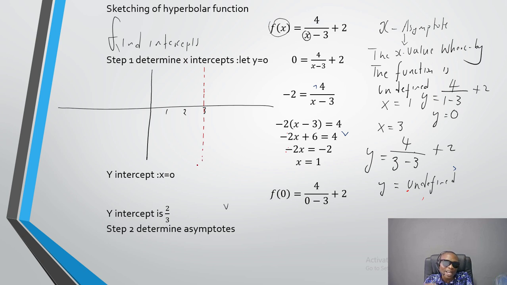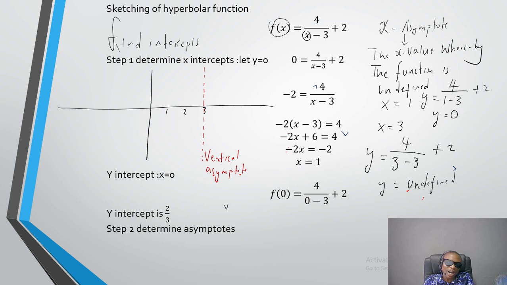You see that the x asymptote is represented by a vertical dotted line. So the x asymptote is also called the vertical asymptote. It is shown on a Cartesian plane by the dotted line.